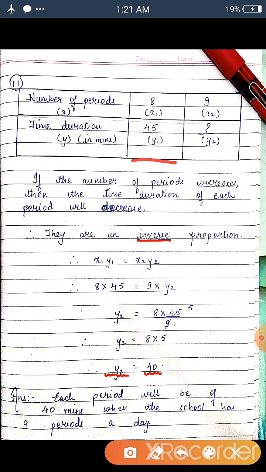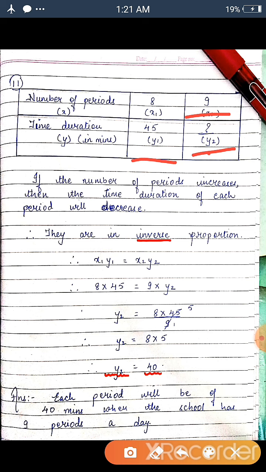And for 9 periods, you have to find how long will each period go in case the number of periods has increased to 9. So that means we have to find the value y2. So as you know, if you're increasing the number of periods, then the time duration of each period will decrease. So one quantity is increasing, the other one is decreasing. So they are in inverse proportion.